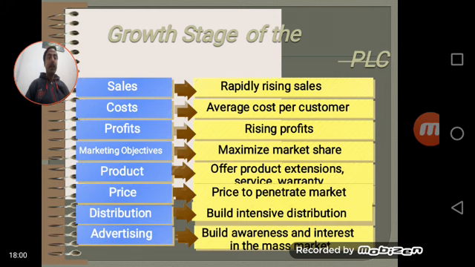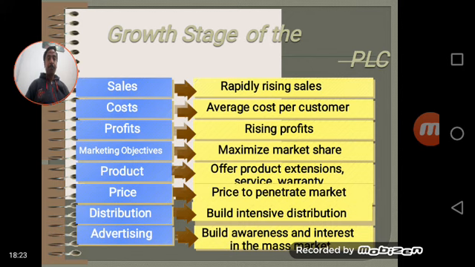You will maximize the market share. You will start opening different shops in different locations, because you know the consumer behavior now. You have knowledge about the marketing and about your product. Clear? So in marketing, the objective will be just to maximize the market share.